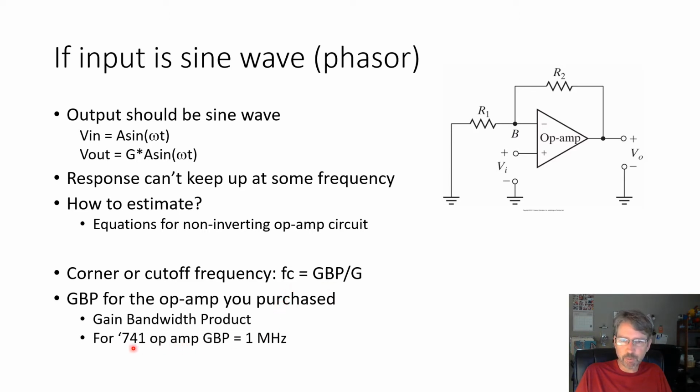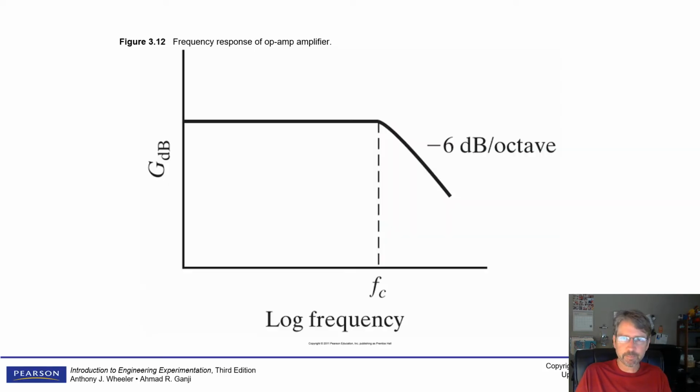So for the 741 op amp, which is the one we used all through the circuits lab, a very tried and true old chip, the gain bandwidth product is 1 megahertz, a million hertz. So if your gain is 1, you can go up to a megahertz. If your gain is larger, the corner frequency gets smaller. That's the main thing.